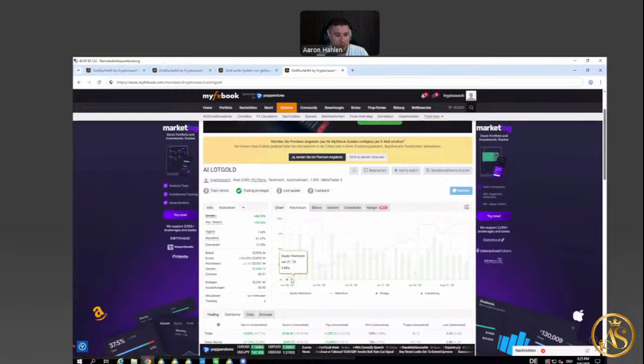And the total consistency graph right here, as you can see, went up from 0% profit to now 94.7% in profit in just 5.5 weeks on this $2,000 account.